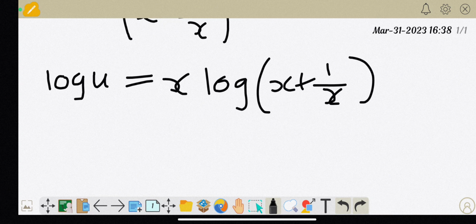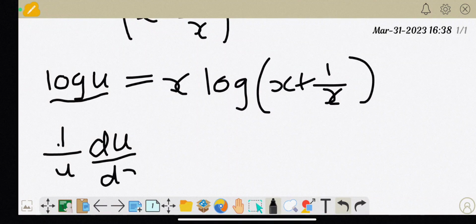Yeah, so let's differentiate on both sides. So differentiation of log u is 1 by u du by dx, and this you have to solve with product rule. So according to product rule, first into differentiation of second plus second into differentiation of first. This is my first function, this is my second function.